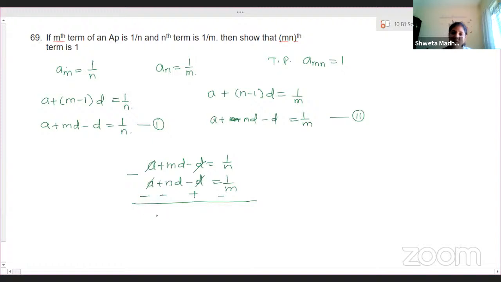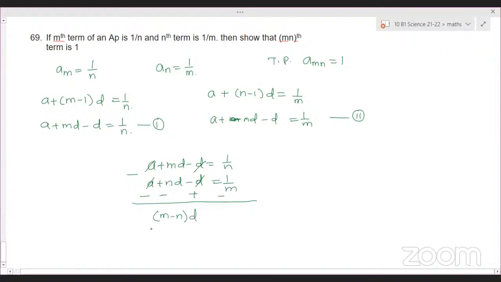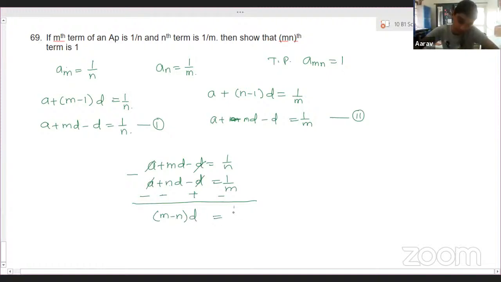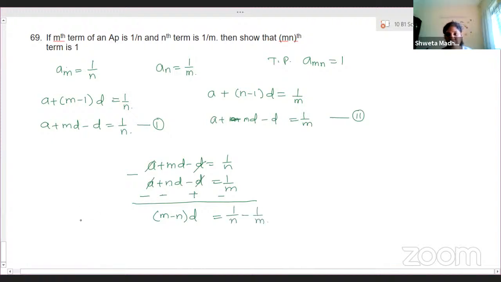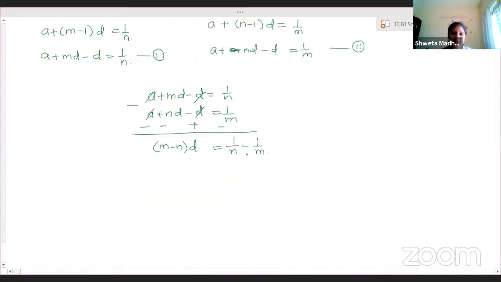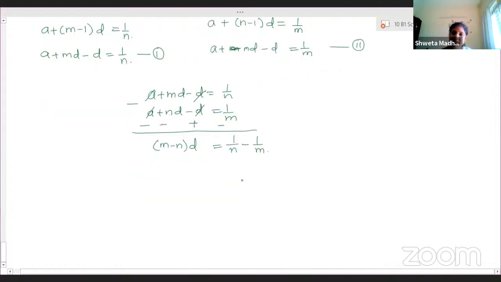If we take D common, what can we write? M minus n into D. Can we write this? Yes, ma'am. Equal to 1 by n minus 1 by m. Now simplify this RHS by taking LCM. LCM is m into n.